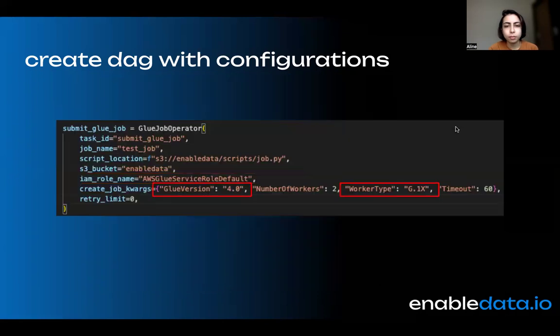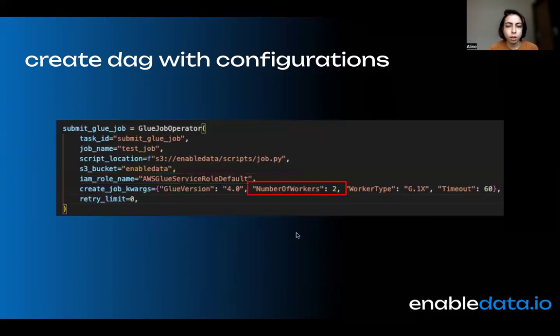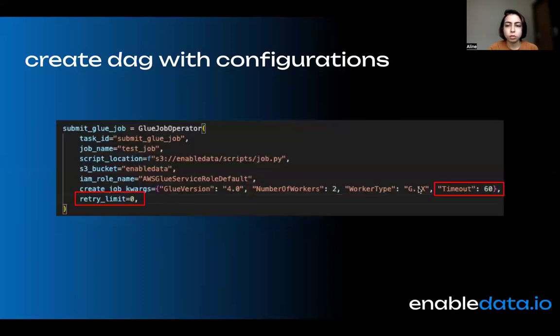And then you have the Glue version. This is like basic configuration for your workers. The same thing here, I'm referencing it on the console. And the number of workers also depends on your job.